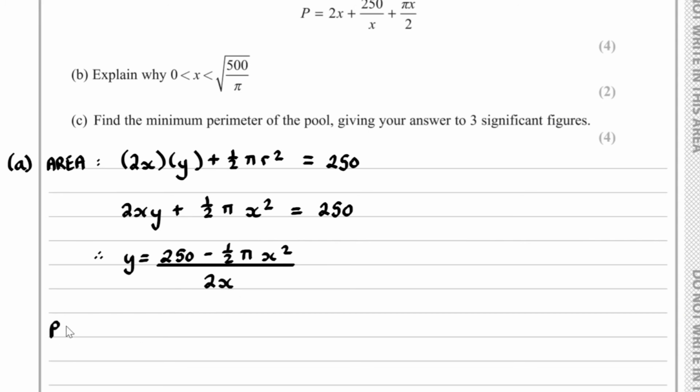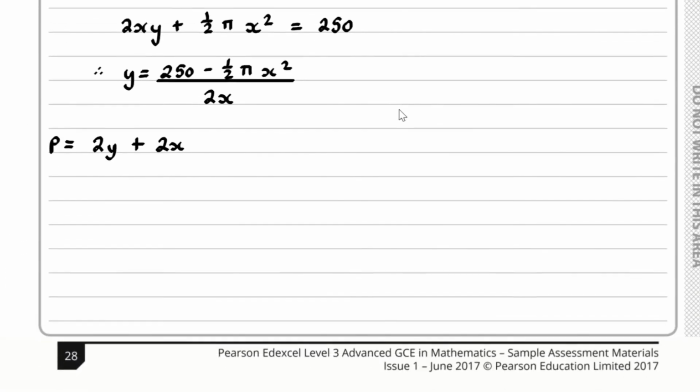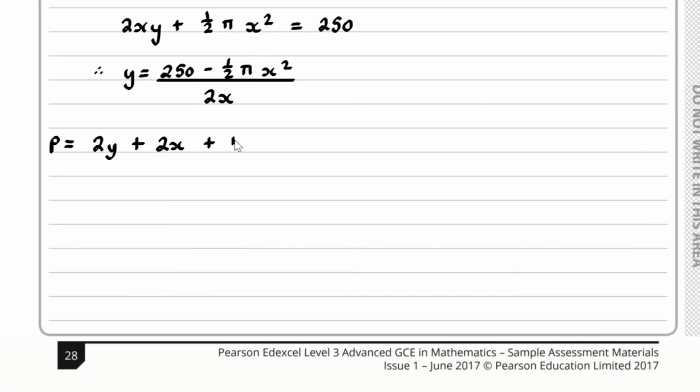Now, for the perimeter P, we've got 2y plus 2x, so that will be this length and this length, and then we've got half of the circumference, so that will be 1/2 pi times 2x, where the 2x is the diameter. And so we've got 2y plus 2x plus, well, here we've got pi x. A half times 2 gives the 1.